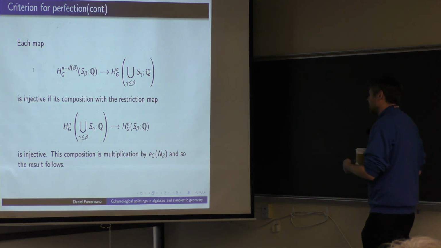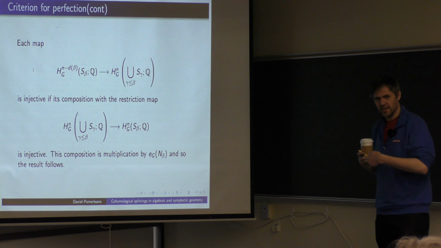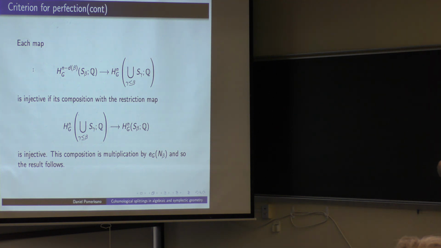So as long as that map is injective, so the Euler class is not a zero divisor, then you get that the connecting map is injective, or maybe better to say the connecting maps are zero. So your long exact sequence splits into a bunch of short exact sequences.